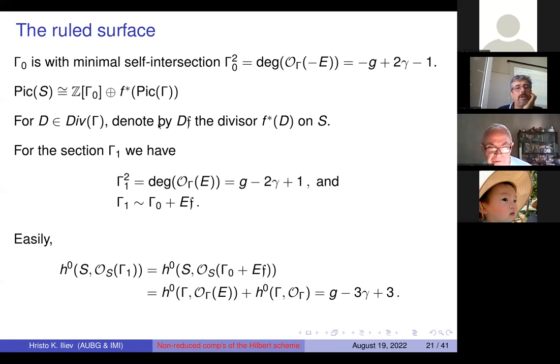We have further that the self-intersection number of this decomposable root surface gives that gamma naught is equal to minus g plus 2 gamma minus 1, and the self-intersection number of gamma 1 is equal to g minus 2 gamma plus 1, because we have such a relation between the two sections.